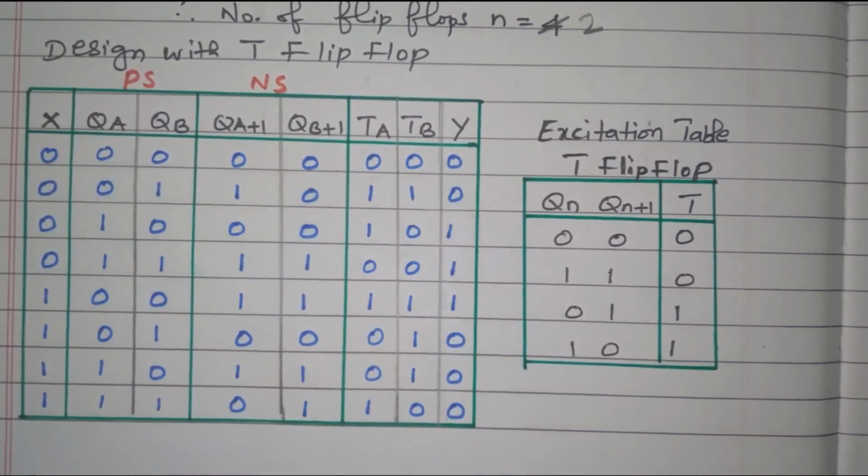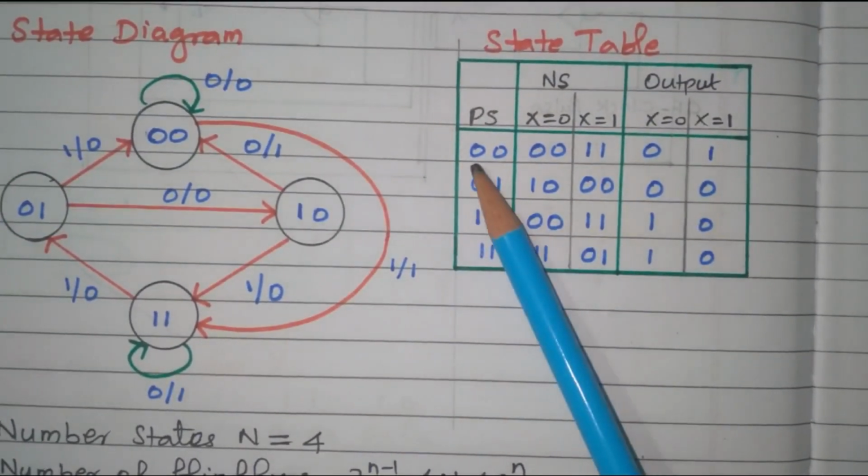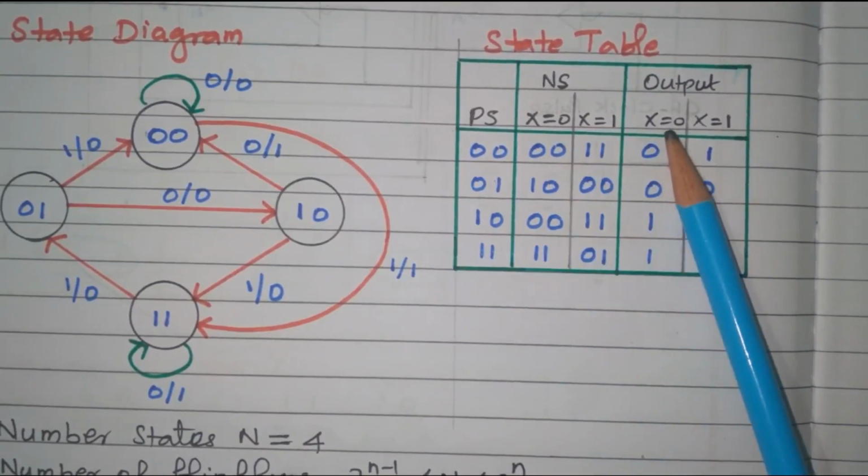Now we'll go to the state table that is clearly given. 0 0 to 0 0, the input is 0, output also 0.